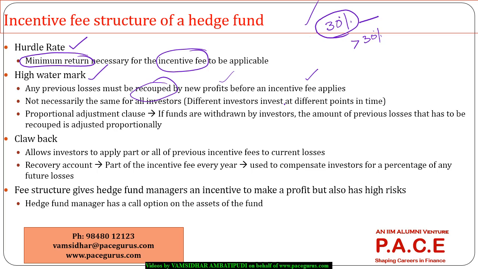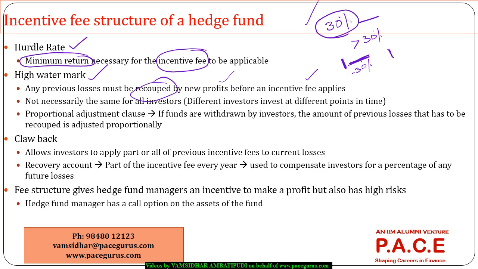And it is not necessarily the same for all investors, because I might have invested last year whereas you might have invested from this year itself. And because I invested last year, I had a loss of 30% last year. Now, from my perspective, I will give this fund manager an incentive only if he has covered my last year's 30% loss, and only if he has generated more than 30% profit this year is the incentive eligible for him.